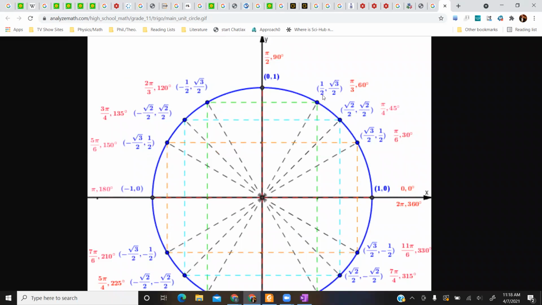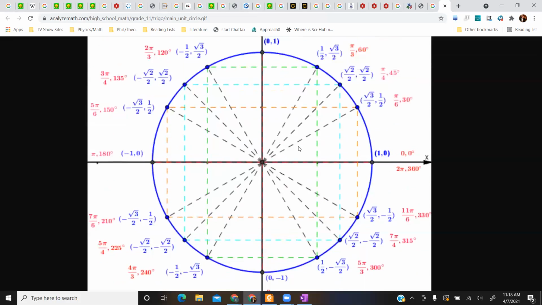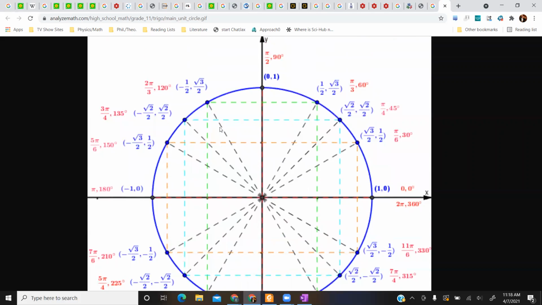That corresponds to the point on the circle, viewed in the plane, as 1/2, root 3 over 2. Then you have pi over 2, which corresponds to the point 0, 1. But notice, all you really need to memorize is these, even though this table looks a lot more horrible than it is. It's not that bad.